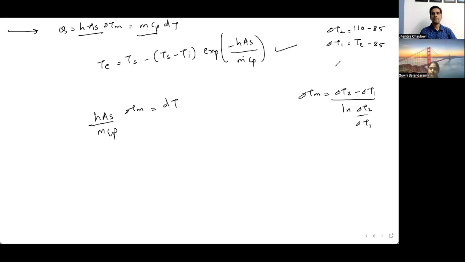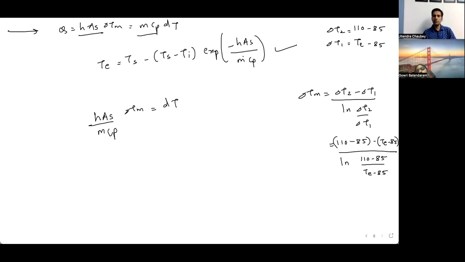Let us say it is Te that we need to calculate. Exit is okay. So let us substitute over here. This will look like 110 minus 85 minus Te minus 85, whole upon ln of 110 minus 85 upon Te minus 85.